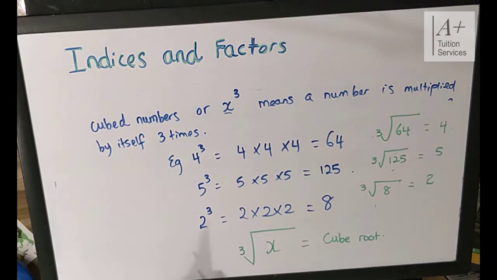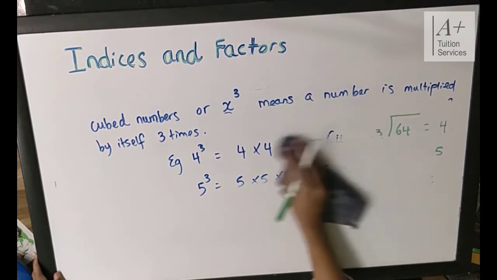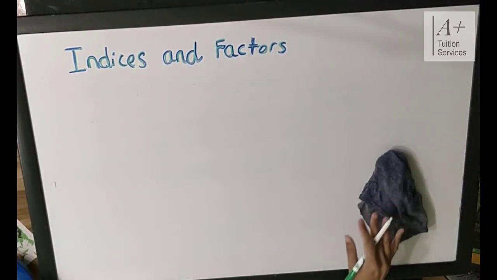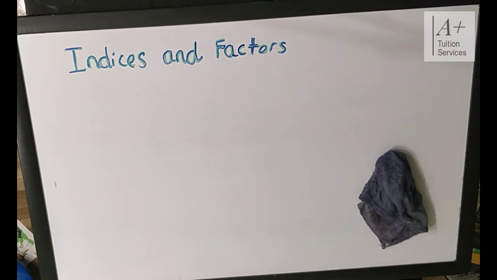Now we're going on to index notation. When we have index notation, it means we have a number with a power. Let's erase all this. I want to go on to index notation, so let me clean the board and start from scratch.